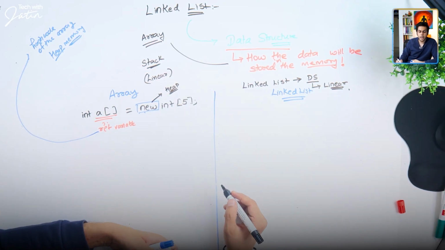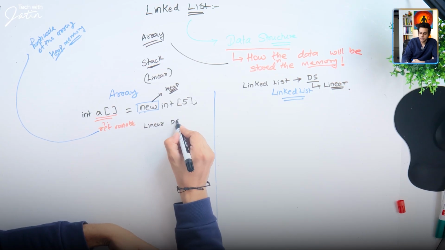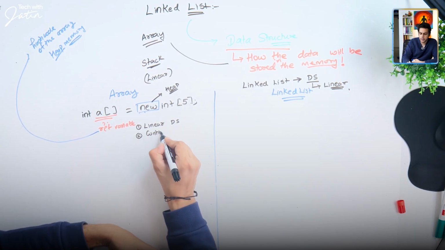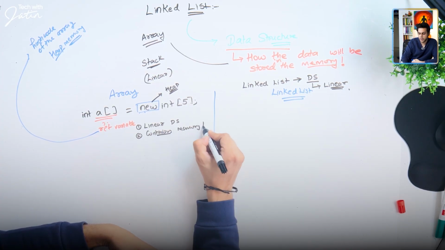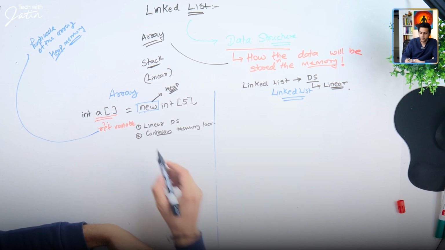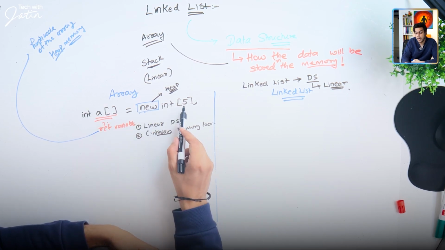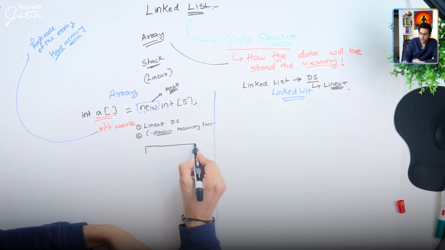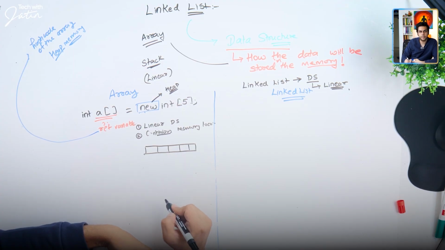Congrats. Now, array is a linear data structure. It is going to store the data in a continuous memory location. Meaning, whenever you say that I'm going to create an array and this array is going to have 5 memory locations, all the 5 memory locations will be in a continuous order, one after the other.